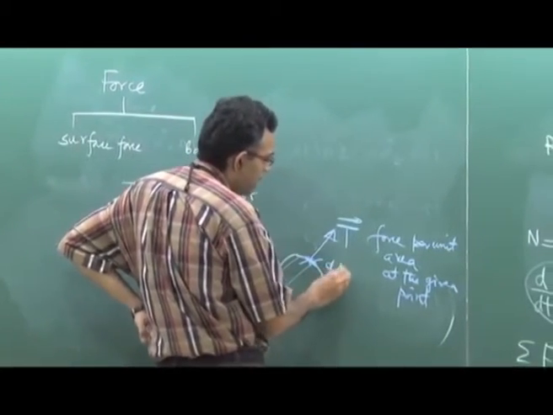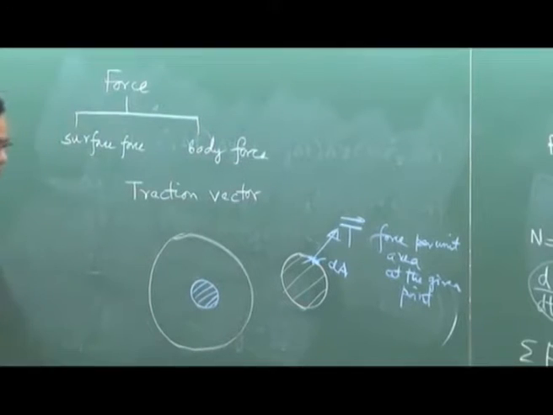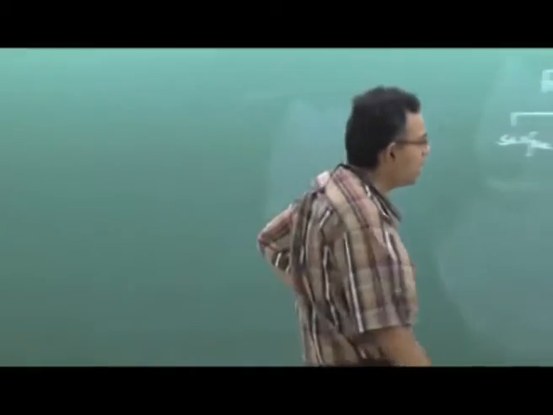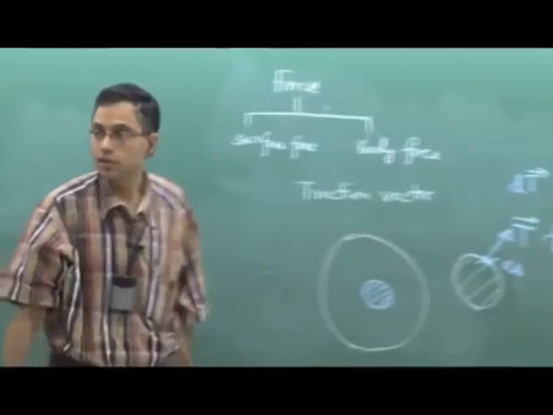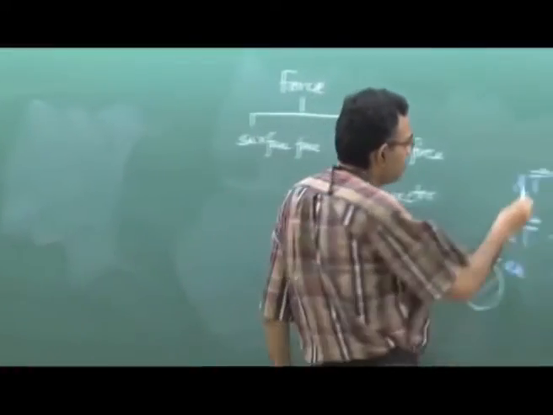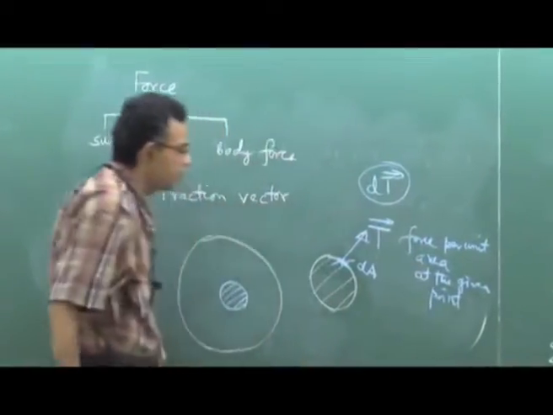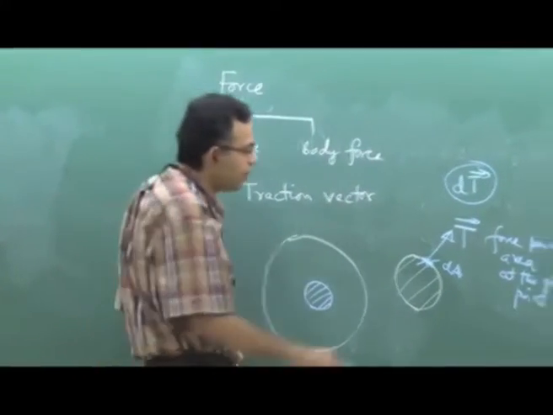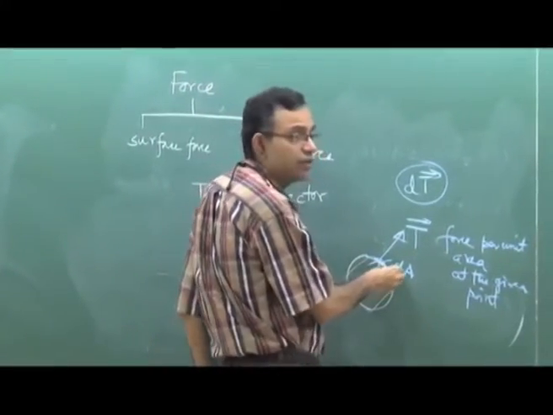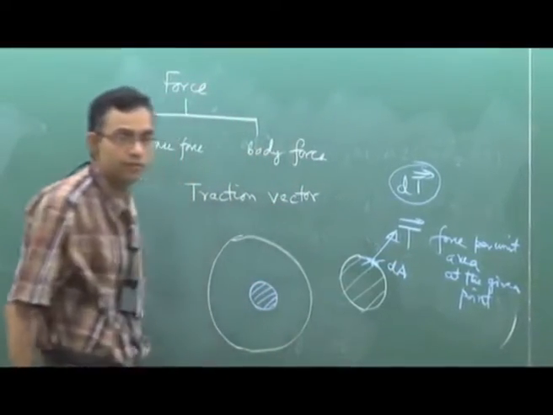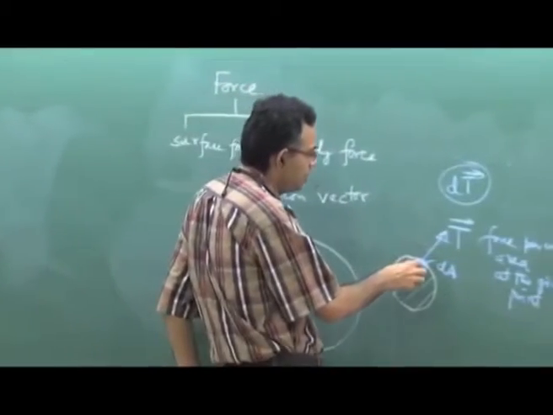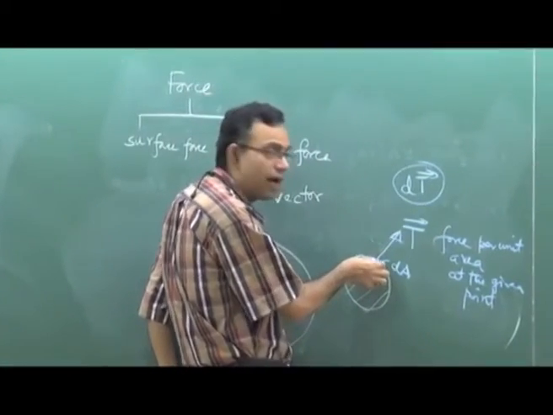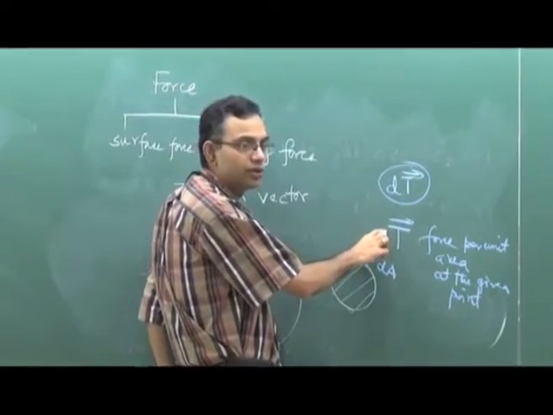So let us say you choose an area dA. If you choose an area dA, it may be a differential force dT, whatever. Now this differential force dT will depend also on the orientation of this area, right? Because at a given point, if you choose the same area but with different orientation, you will get different force.